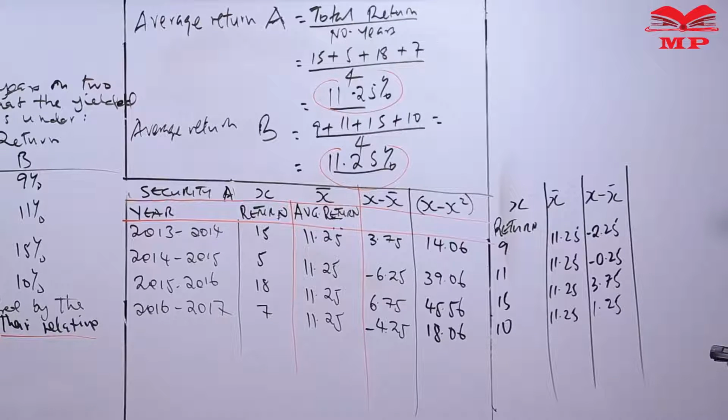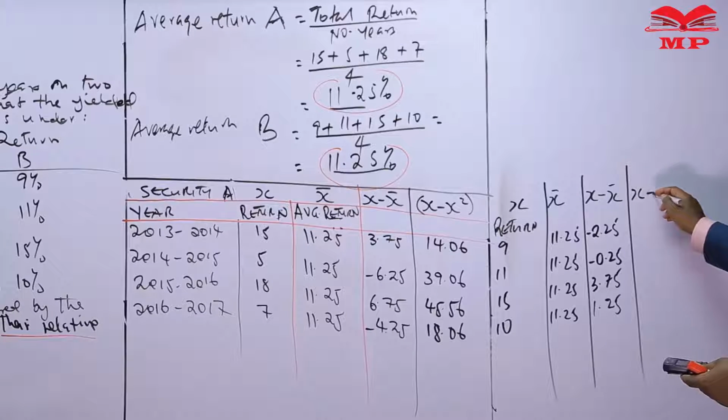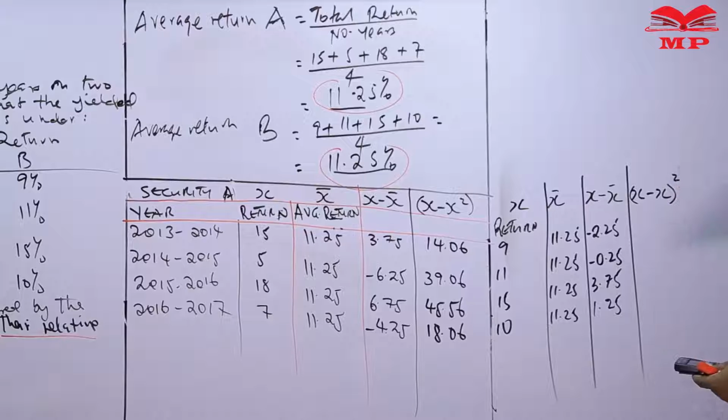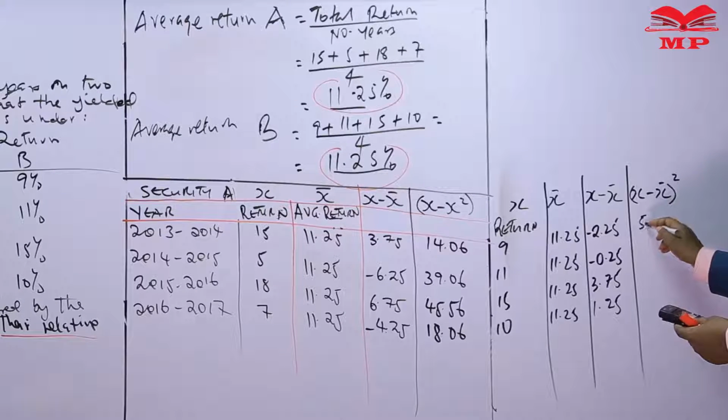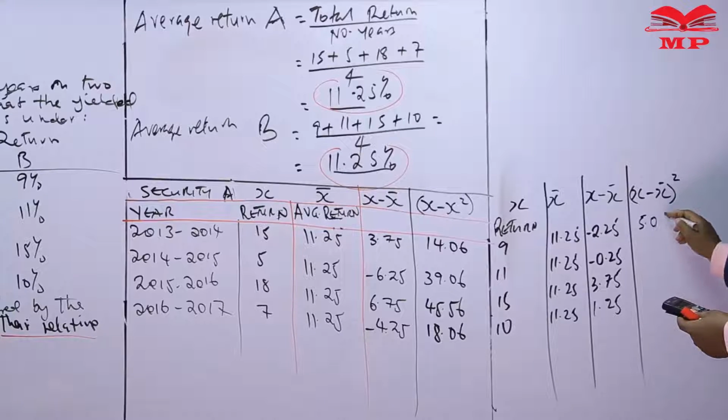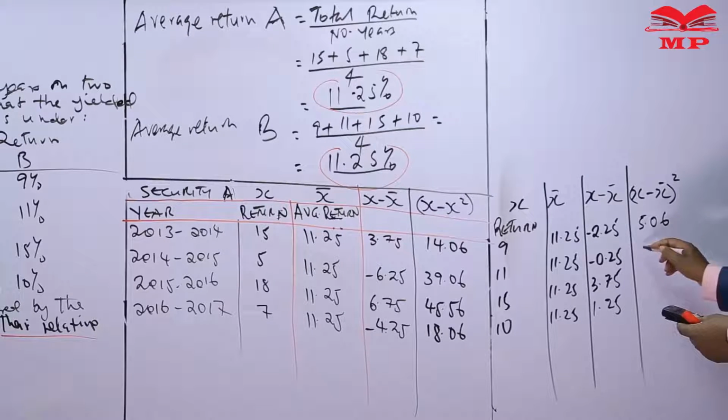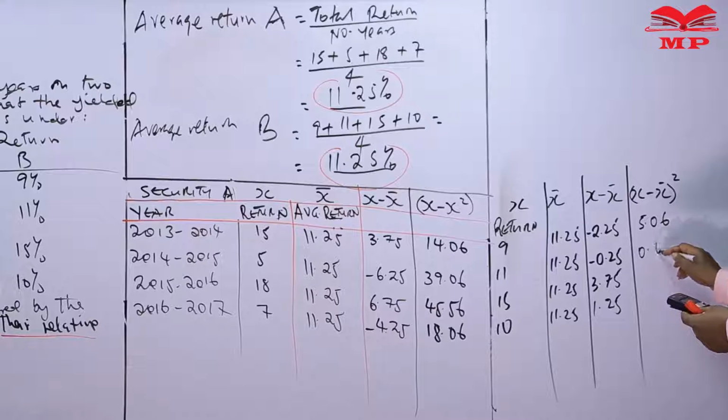So you can go ahead and square the deviations. 2.25 square, 5.06. Next, 0.25 square, 0.06.